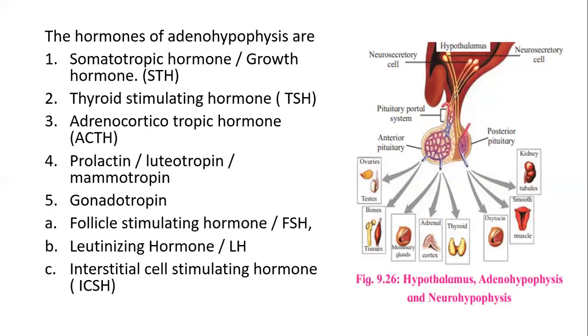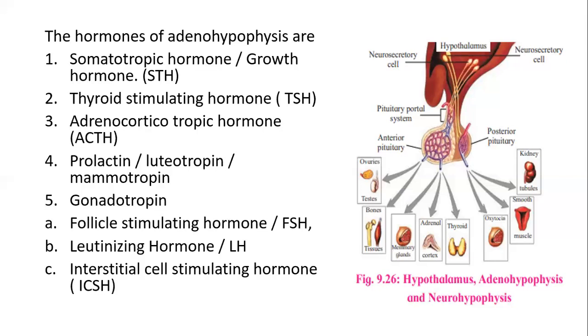The next part of gonadotropin is luteinizing hormone, which is also known as LH. In females, the luteinizing hormone helps in ovulation. So what is meant by ovulation? That is discharge of matured ovum from the Graafian follicle, known as ovulation.